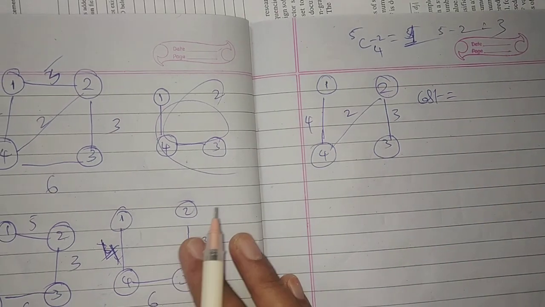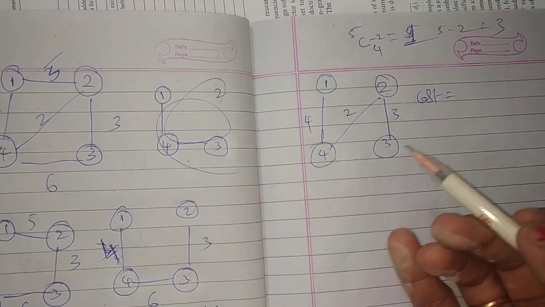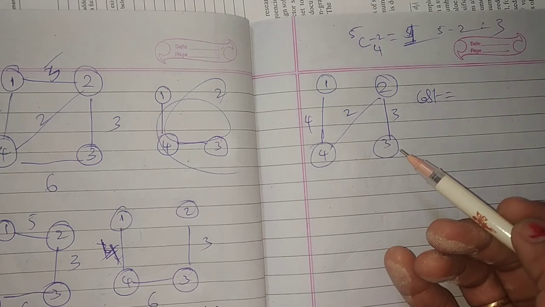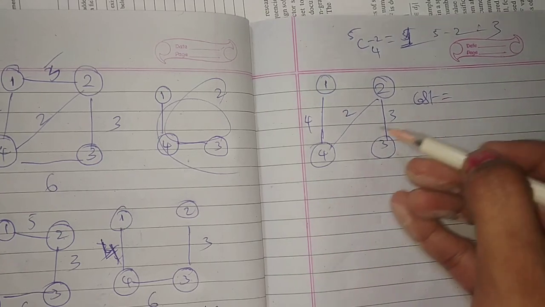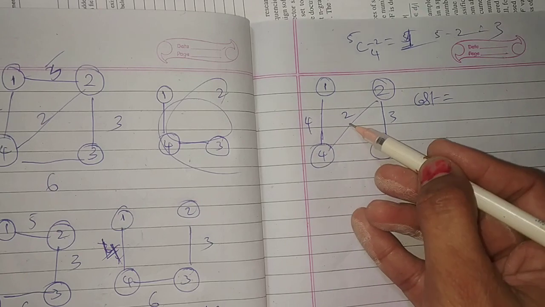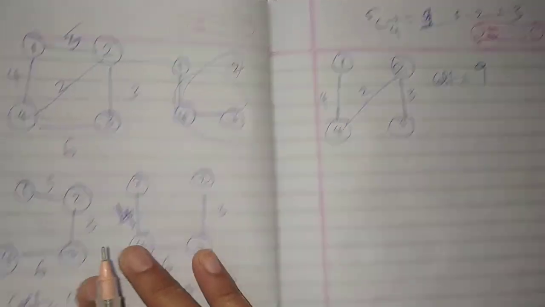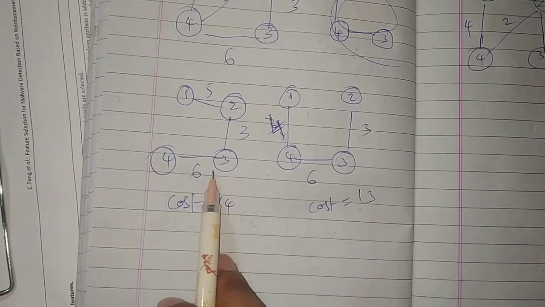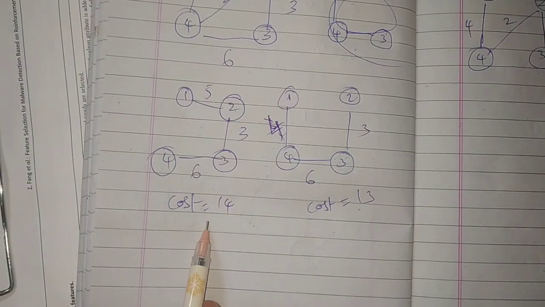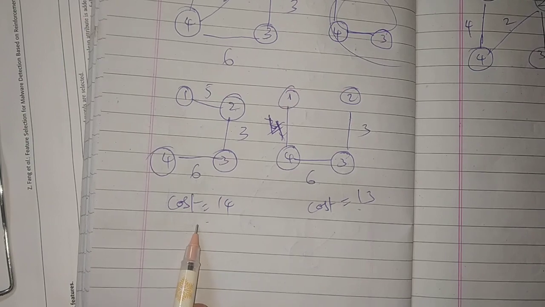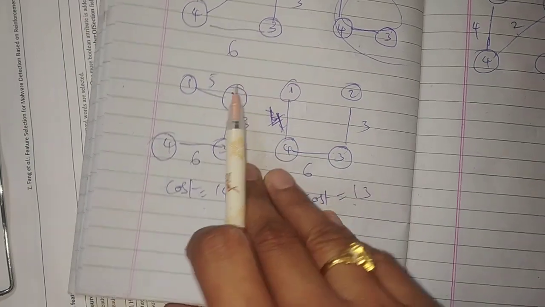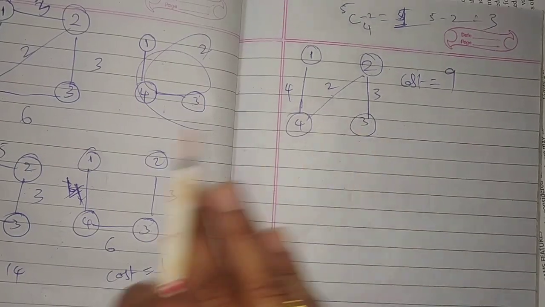Right. Like this, with the formula you can get the different subgraphs for this graph. So now tell me the cost of 4 plus 2, 6 plus 3, 9. Right? See, you observe that you will get different minimum costs for different subgraphs, right?